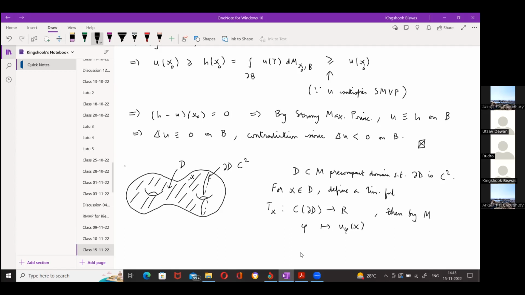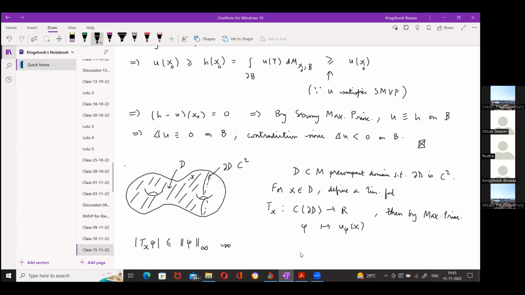So then by the maximum principle, |T_x φ| is less than or equal to the sup norm of φ, right?